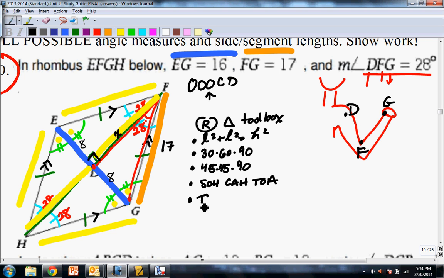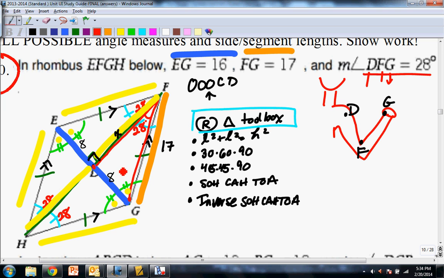SOHCAHTOA. And inverse SOHCAHTOA. So that's your right triangle toolbox. These are things you can use when you see a right triangle. You should have this memorized.